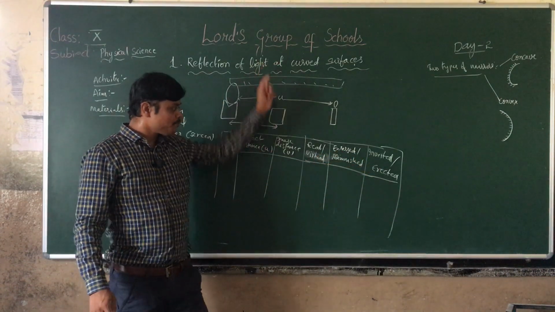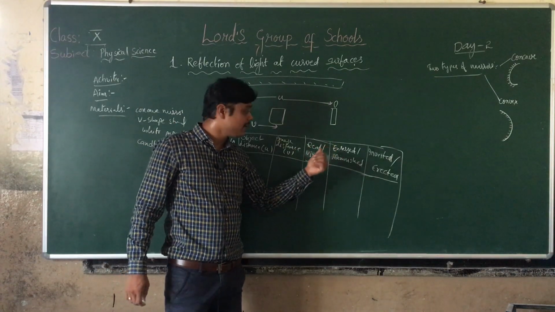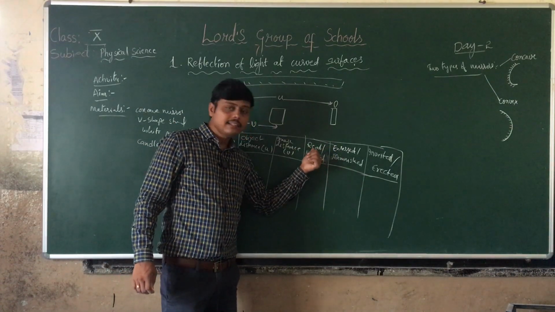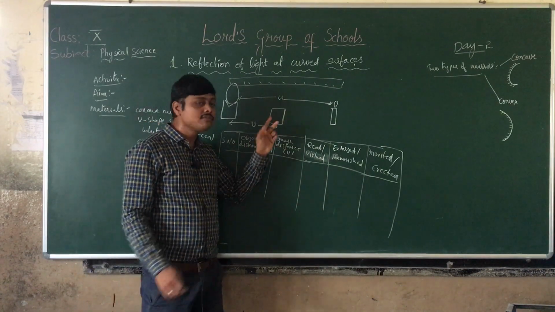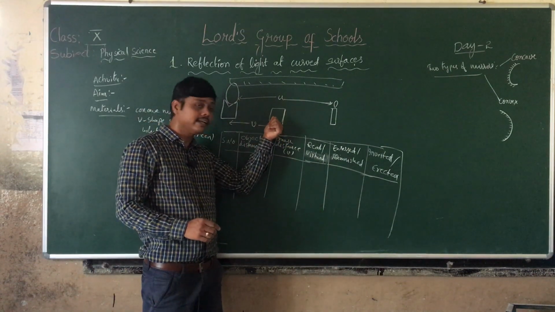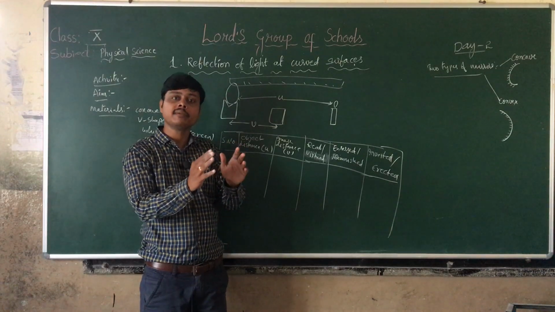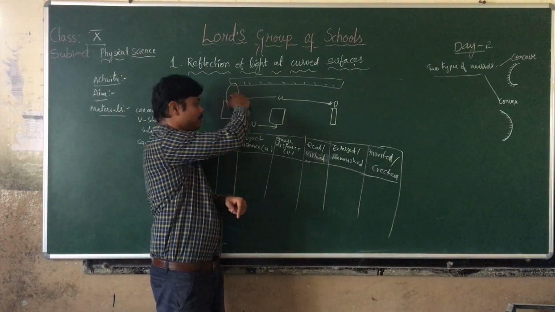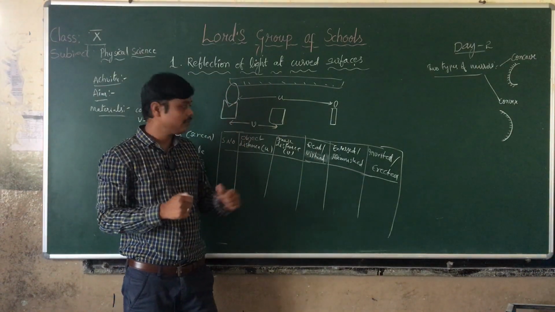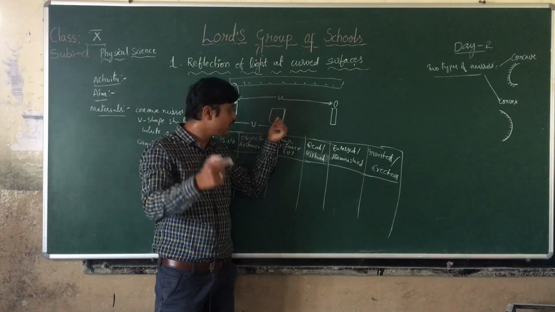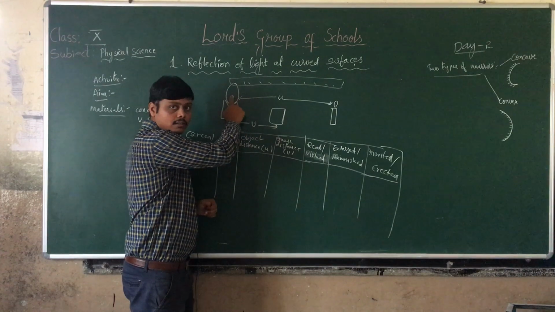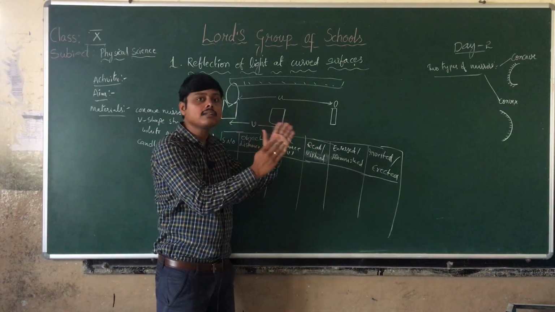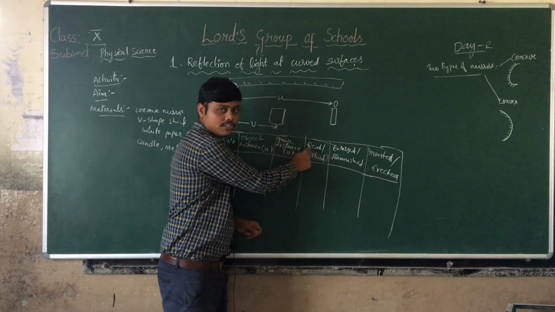So what does it mean by real or virtual? When we are doing this experiment, sometimes we do get an image on the screen, and sometimes we do not get an image on the screen; we may get it inside the mirror. That is an important point here. The image which can be caught on the screen is called a real image.